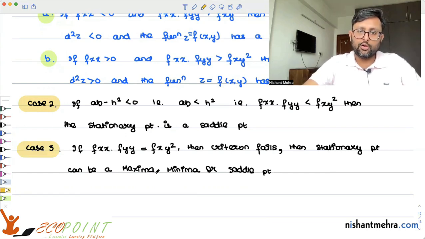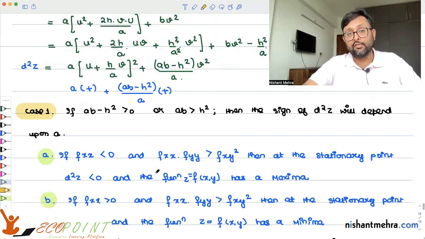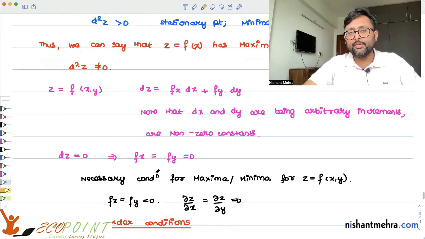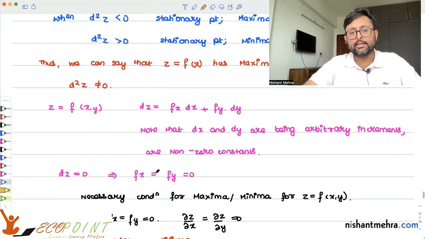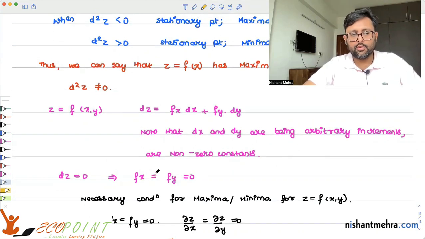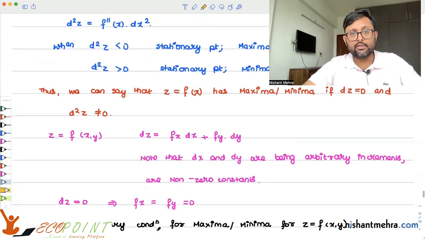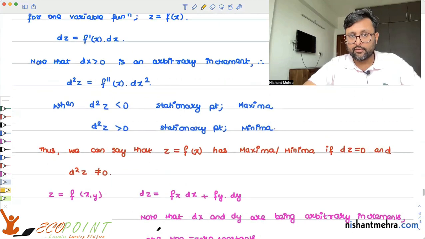So this is about your necessary and sufficient conditions for a function of more than one variable. For our purposes, we will generally be checking just the necessary condition and we will move on. Ideally, we should check, but not every time is it going to be possible. So remember that these two partial derivatives have to be equal to 0 simultaneously: f of x equals 0 and f of y equals 0.